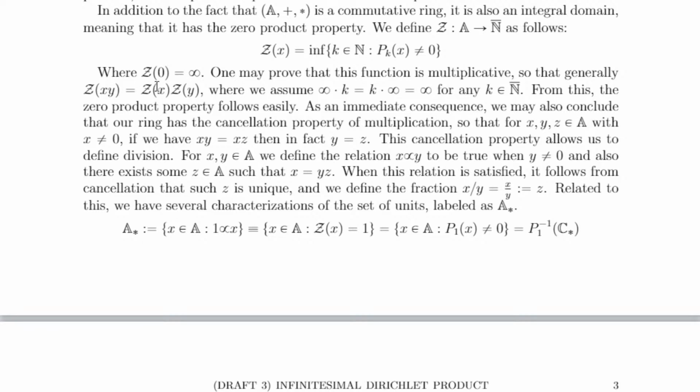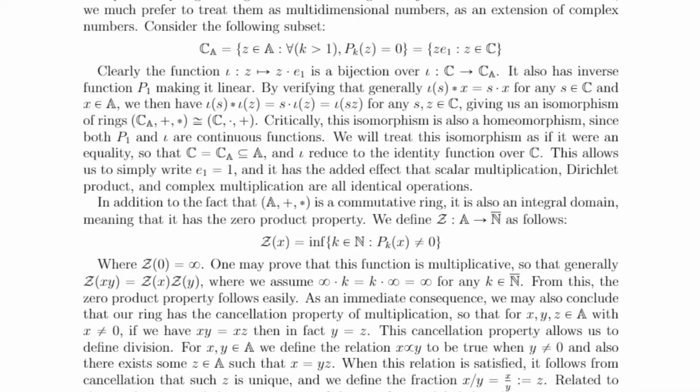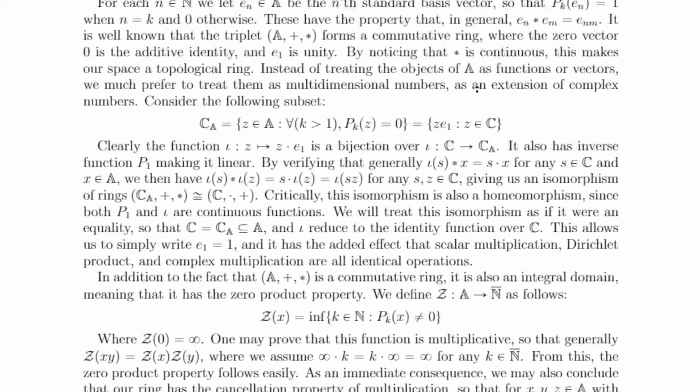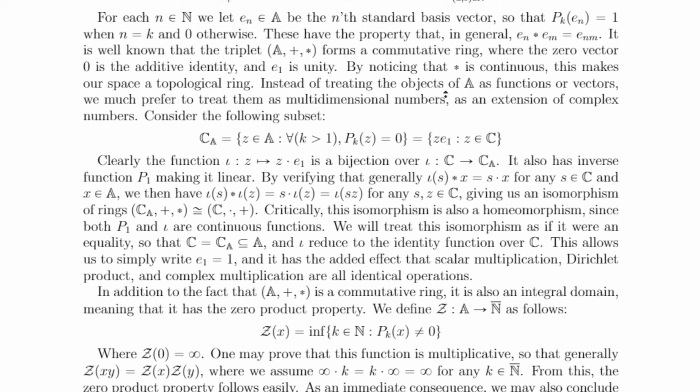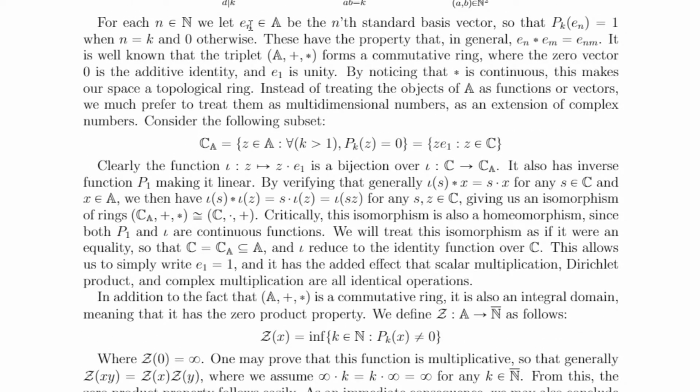The fact that this function is multiplicative, you can sort of see it actually from this earlier property we had. So earlier we said each of our basis vectors, our e sub n, have this property that if we multiply e sub n with e sub m, then the result is that we multiply the index together. And so this is sort of foreshadowing.